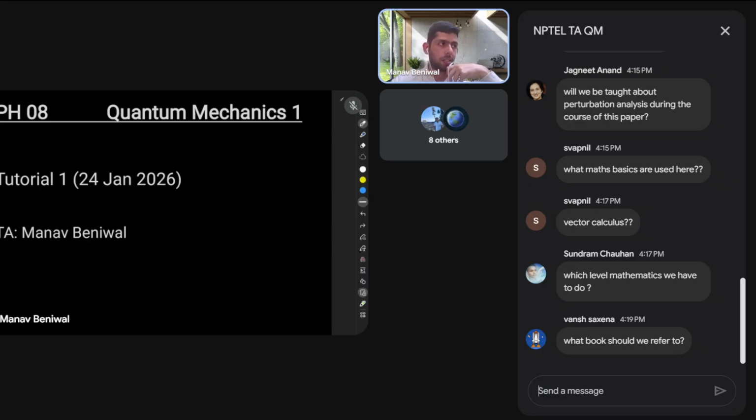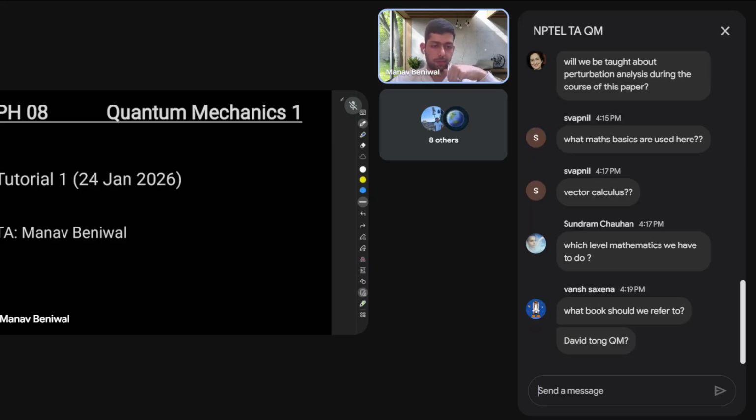If you want some alternatives, I would suggest Quantum Mechanics by Griffiths and Quantum Mechanics by Zettili. Those two are other good books which I personally followed. Griffiths, for example, is easy to follow. It also has several solved problems. So that's a very good book. Same goes for Zettili as well.